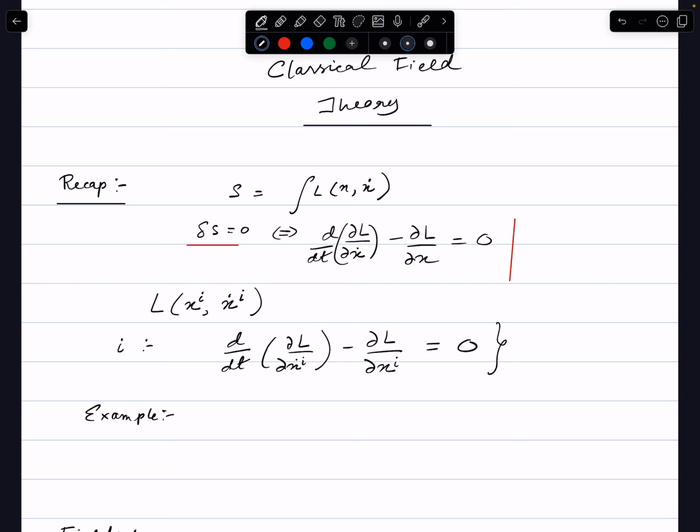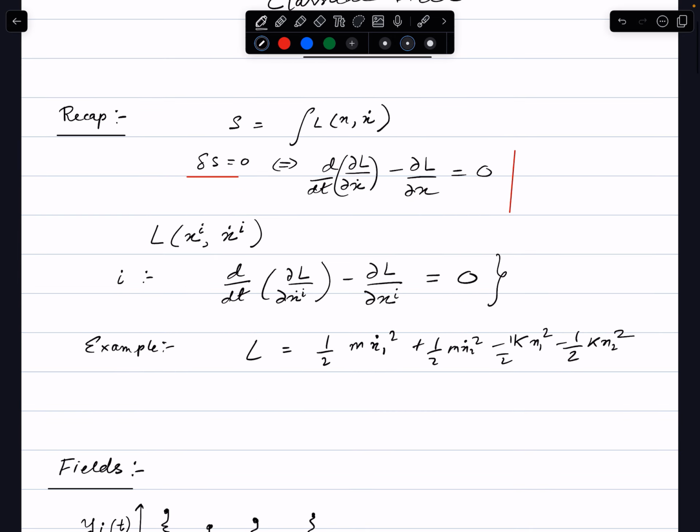So for example, if I have two harmonic oscillators, my Lagrangian will look like this: half m x1 dot squared plus half m x2 dot squared minus half k x1 squared minus half k x2 squared. I can write this in the form: sum over i of half m xi dot squared minus half k xi squared, where i takes values from 1 to 2. These are two harmonic oscillators.